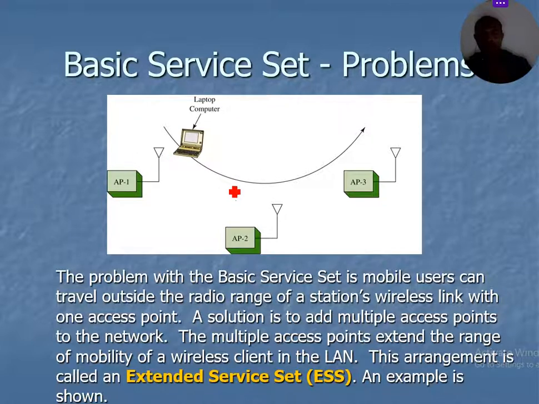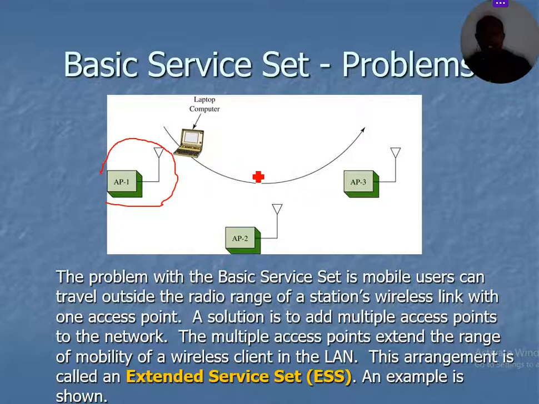Or you're traveling from Cambridge to Boston in the state of Massachusetts in the United States. As you're moving, the user will gradually move away from this access point and may no longer receive a strong signal from this access point.